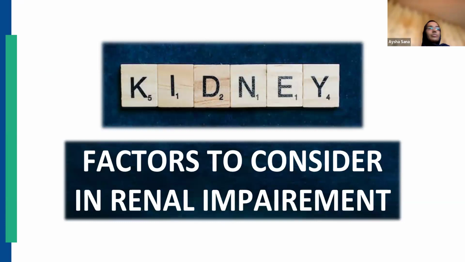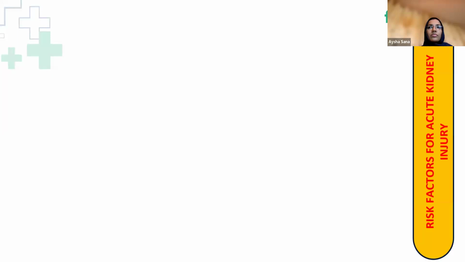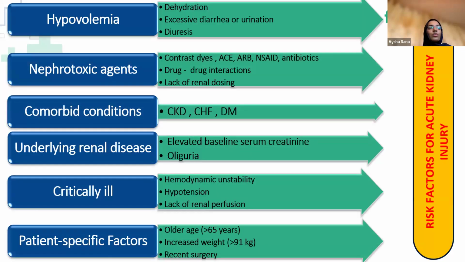Then are the factors we have to consider for patients in renal impairment. So now I have a list of conditions which can cause renal impairment, or which we must consider for patients who are being given nephrotoxic drugs.